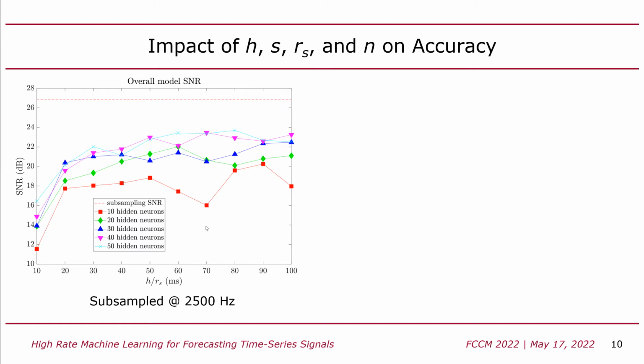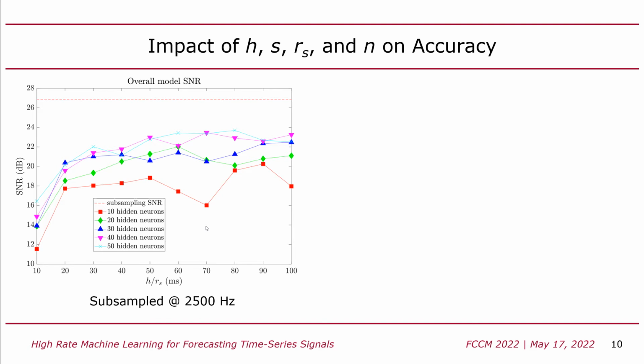The dotted line on the plot shows the accuracy ceiling measured for the subsampled signal, which is the signal noise ratio of the subsampled signal versus the original signal. So the closer we get to this line, the closer the forecast model is to being perfect. As shown in the plot, accuracy improves with h and s with an approximate point of diminishing returns at around 40 milliseconds of history.